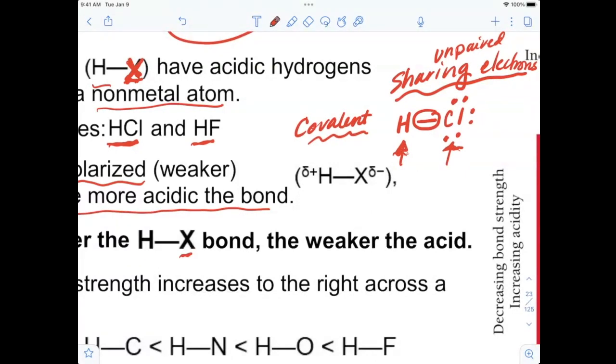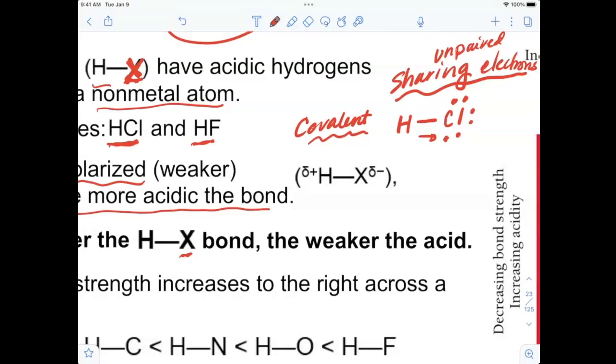But we learned once again in 1411 that chlorine has a greater ability to pull those shared electrons to itself. It's just one of those natural privileges that chlorine has due to its size. Its size is a lot smaller than hydrogen.